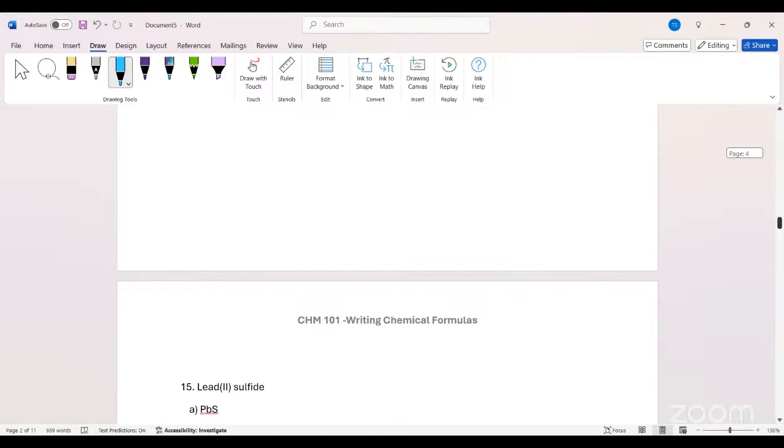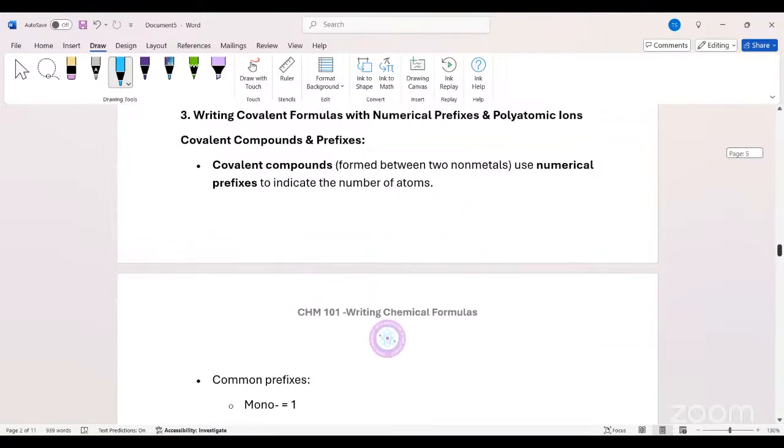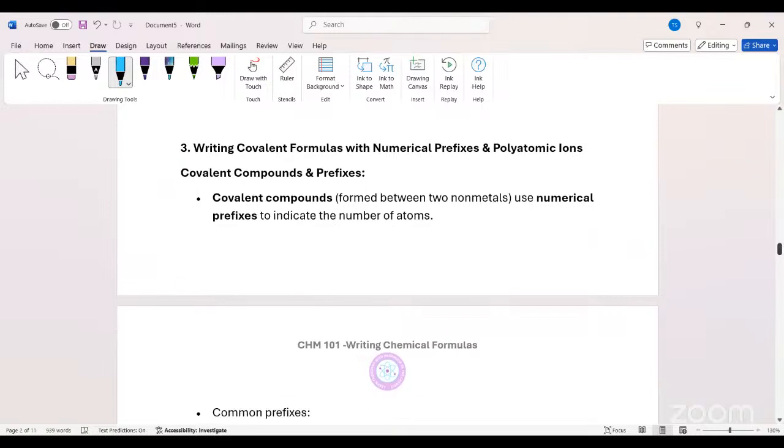Covalent compounds are between two nonmetals, and you use numerical prefixes in the name.